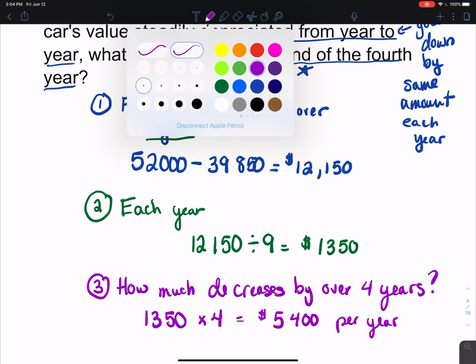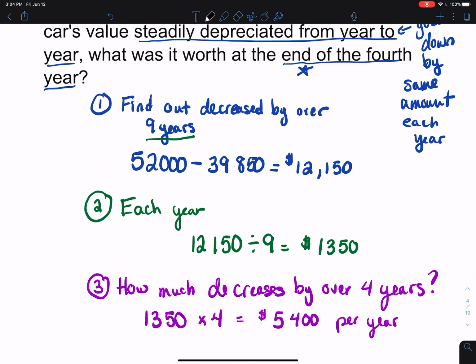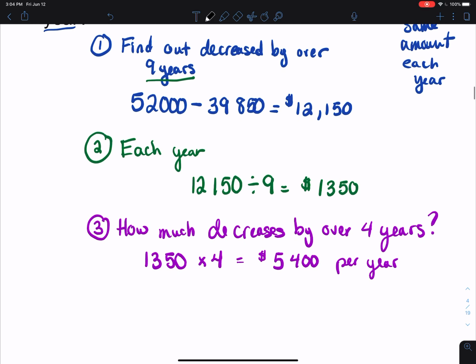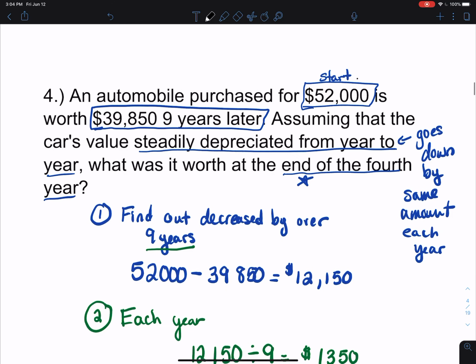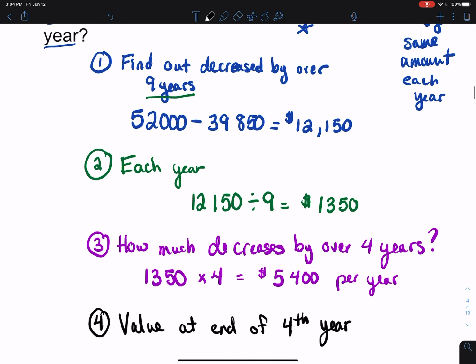Now I can finally figure out what they asked me. They asked me what was it worth at the end of the 4th year. So I'm going to try to find out its value at the end of the 4th year. So I'm going to take that original amount. If we look back, that original amount was that $52,000.